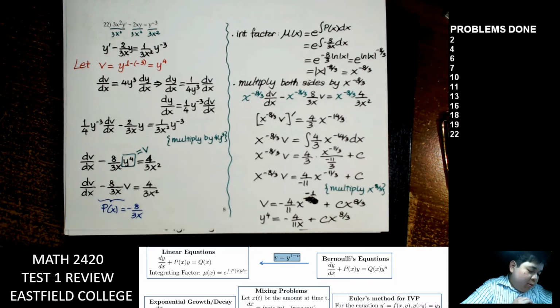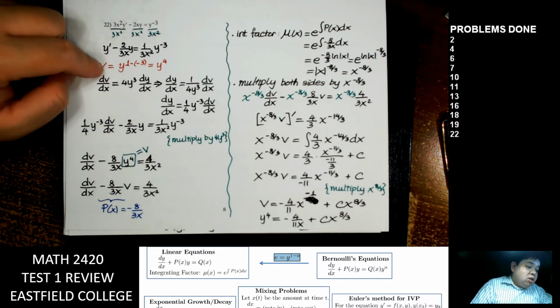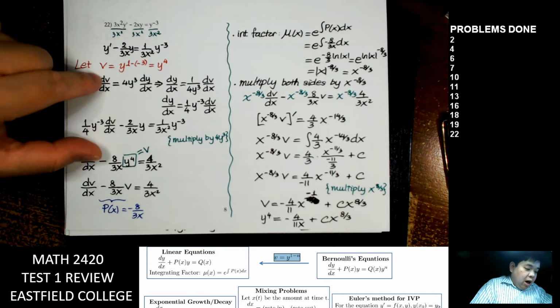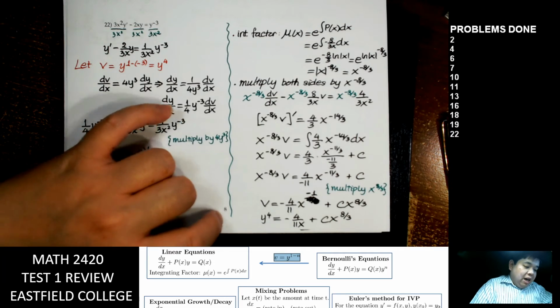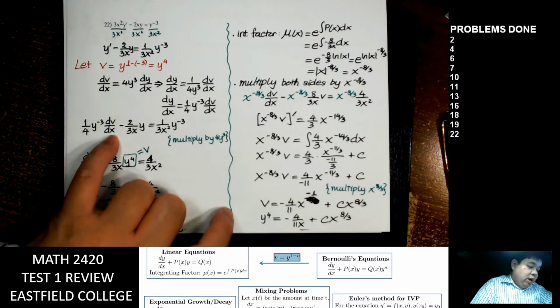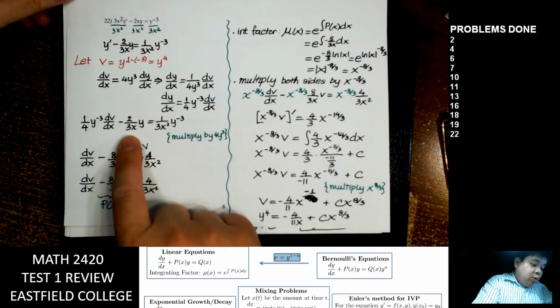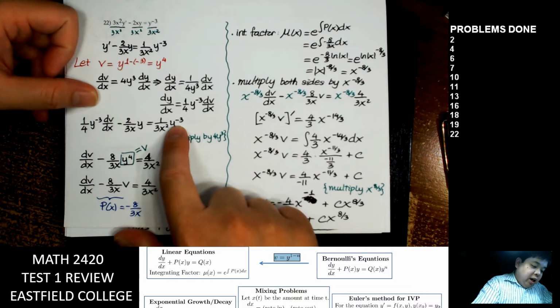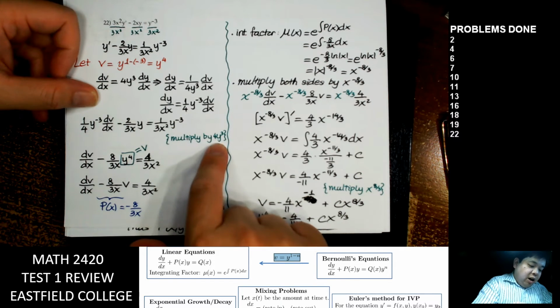So once again, for the Bernoulli equation, we make a substitution of v equal to y to the 1 minus n. In this case, we take the derivative, because we need to know the derivative of y with respect to x, and then we convert that to v, so we can substitute into the equation. We have to divide by y to the negative 3 on both sides, or multiply by y cubed.